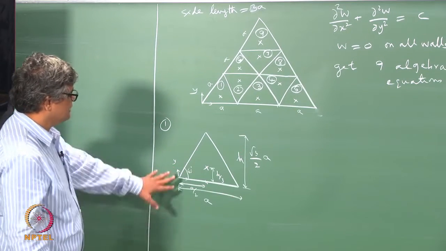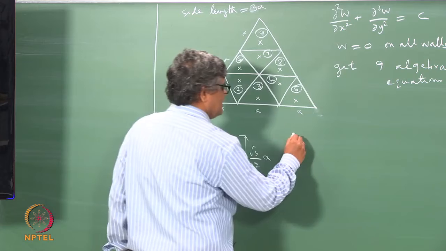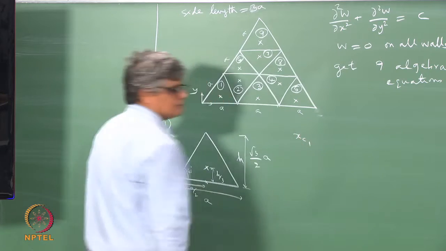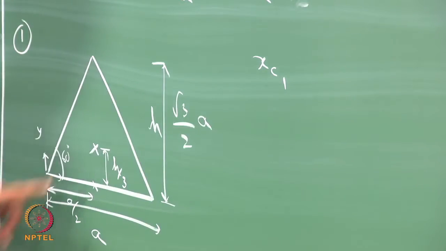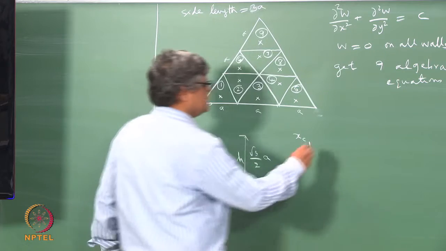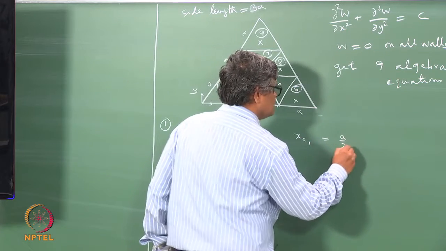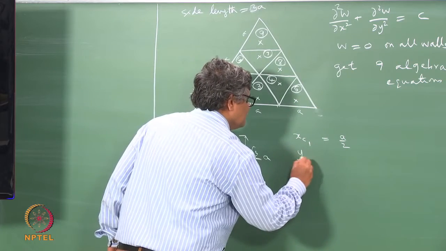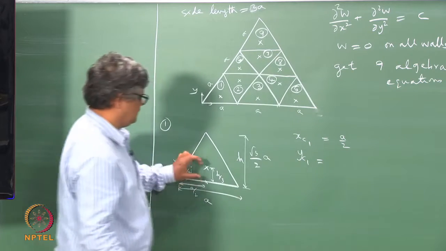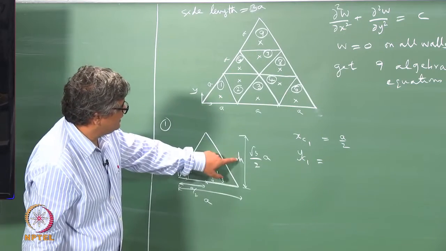Okay. So, from this we can say that xc1, that is the x coordinate of the centroid for cell 1, is equal to A by 2, this distance, and yc1 is h by 3, where h is this.